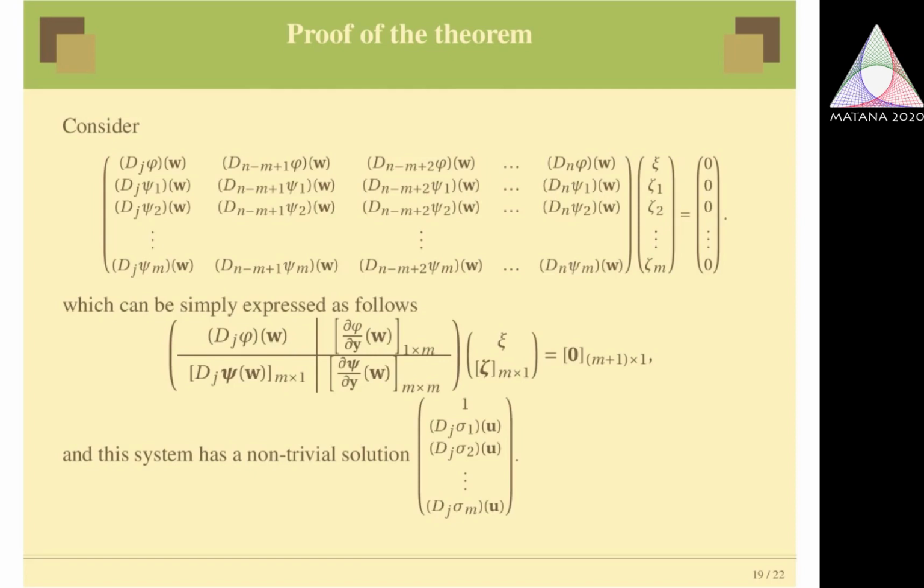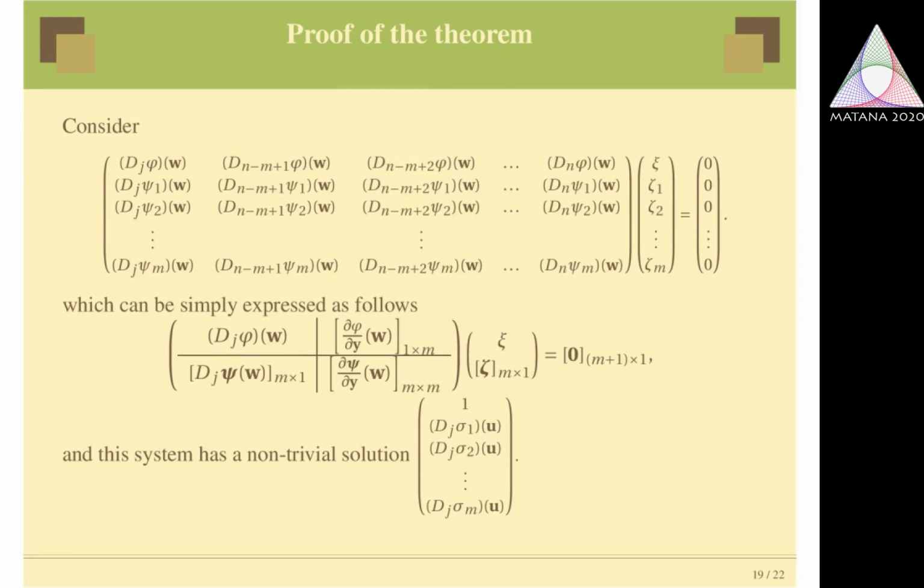The first row of the coefficient matrix has the partial derivatives of φ only. The first entry of the first row is the partial derivative of φ with respect to the jth variable, and the remaining entries of the first row are the partial derivatives of φ with respect to the last m variables.